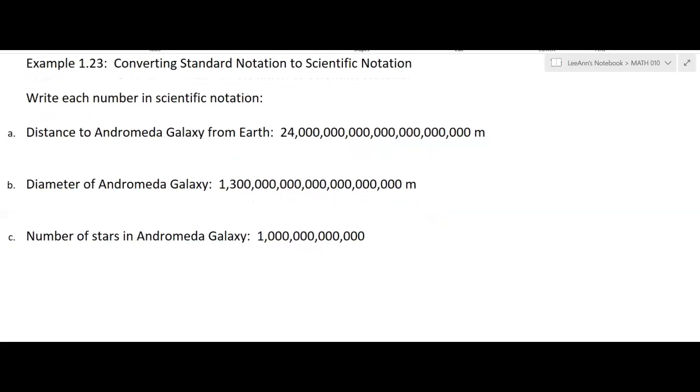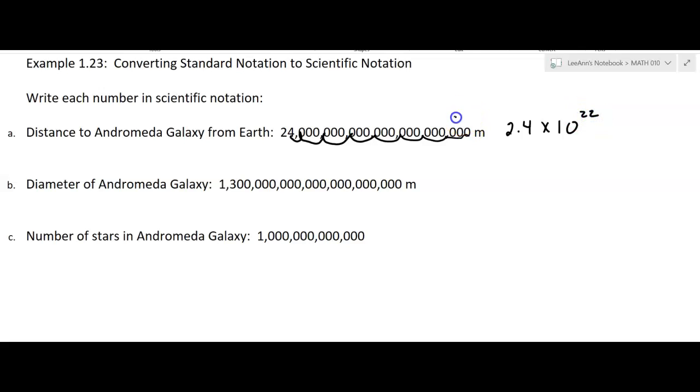So we're converting standard notation, so some number with all the zeros, to scientific notation. All right, so the distance to Andromeda Galaxy from Earth, 24 and a bunch of zeros. So I'm going to make it 2.4 times 10 to the, now I have to figure out how many places. 1, 3, 6, 9, 12, 15, 18, 21, 22.